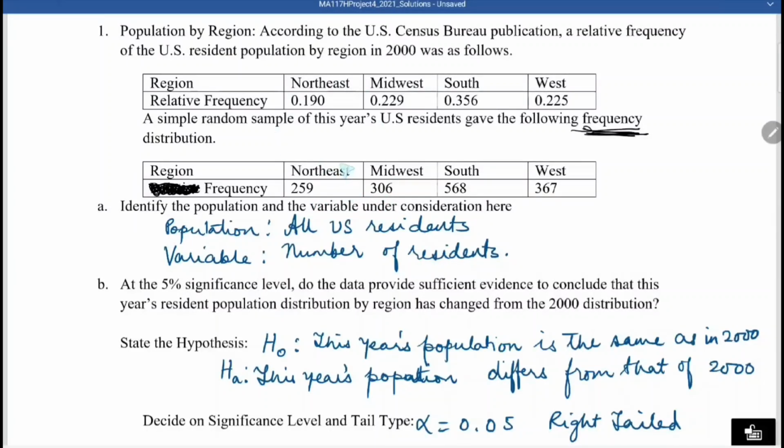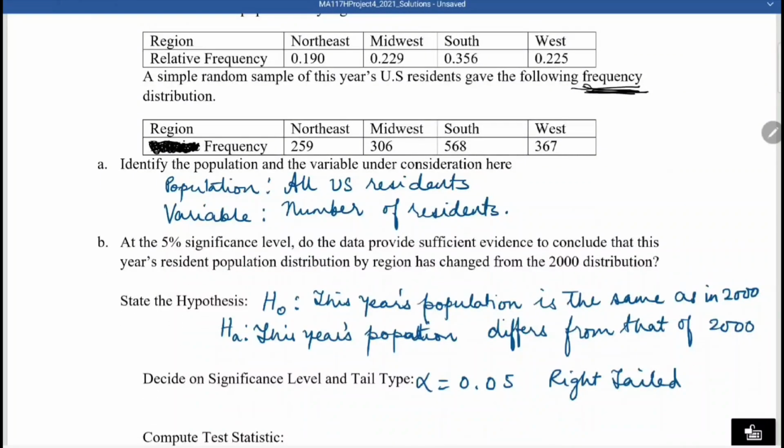Relative frequency values have to be between 0 and 1, right? So you should be able to understand that the values in the second table represent frequency and not relative frequency. So let's go on to answering some of the questions here. This is a goodness of fit test that we will be performing.